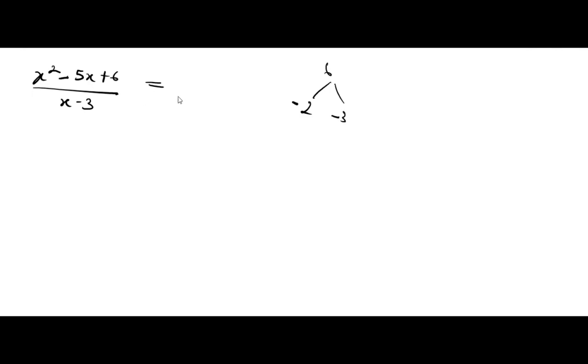So those are the two factors. So now we will have it like this: x minus 2, x minus 3, all over x minus 3. So we can cancel out. Then we have only x minus 2. So when this is divided by this, what we have left is x minus 2.